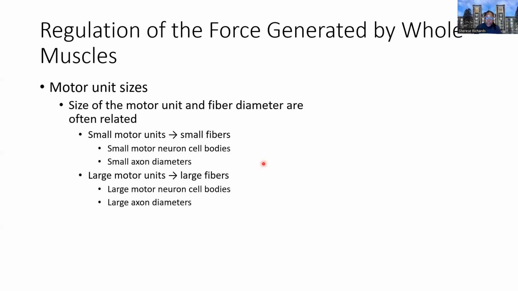Whereas large motor units have large fibers, the motor neuron is going to have a large cell body as well as a large diameter of the neuron itself. So not only is the fiber that's being innervated having a larger diameter, but the motor neuron itself also will have a larger diameter if it's a large motor unit or a powerful muscle.